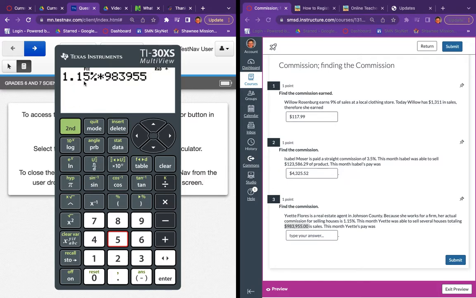She makes $1.15 for every $100 the price of the house is. So Yvette earned $11,315.48 this month. Remember, you have to have a dollar sign, you have to have a comma between the 11,000 and the 300. You have to have a decimal between the dollars and the cents.